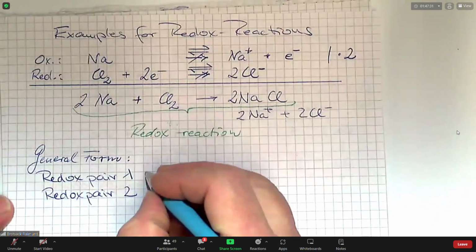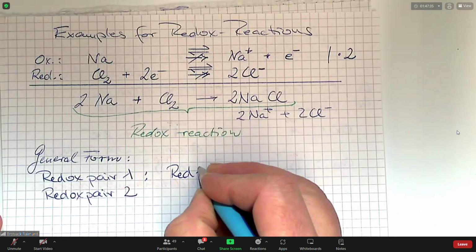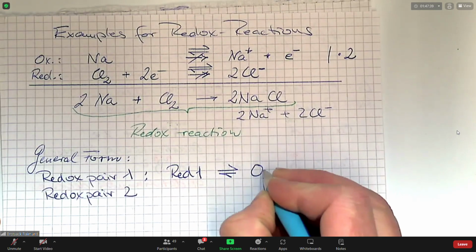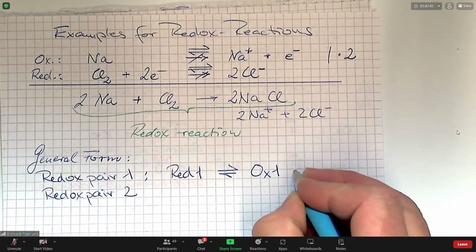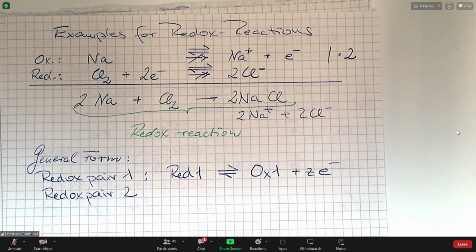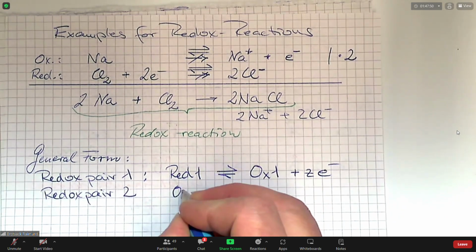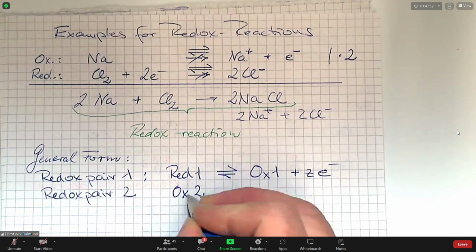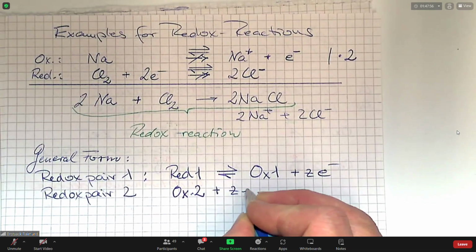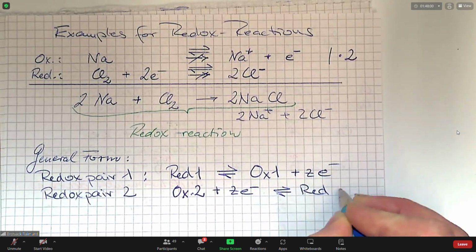So here in the redox pair 1, we have the reduced form 1, which is oxidized to form the oxidized form 1 plus a set number of electrons. And the oxidized form 2 will take up those electrons to produce the reduced form 2.